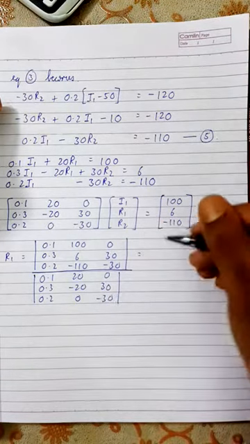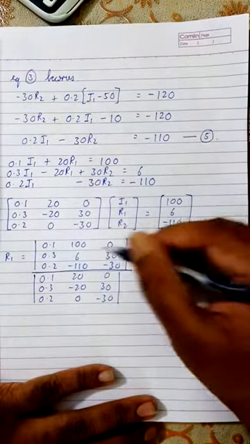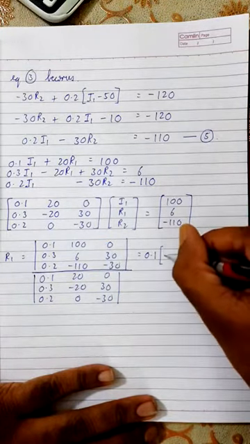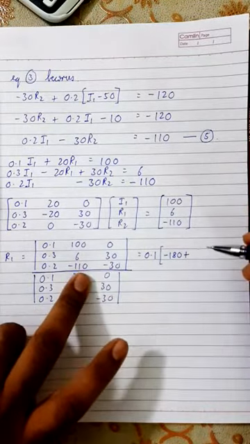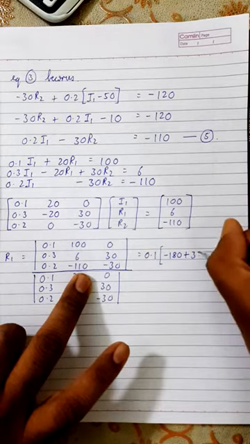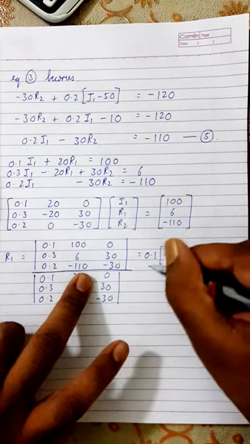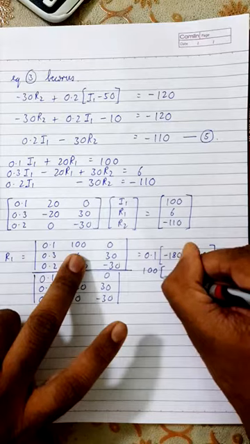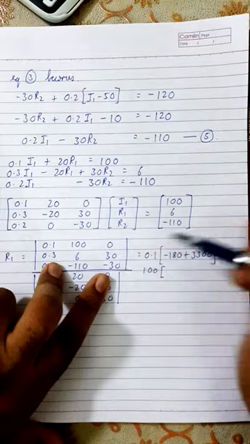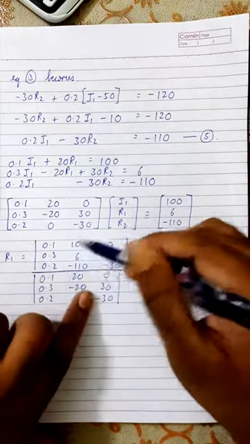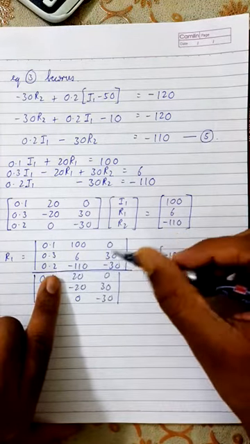Okay, and this is equal to, let me find the value. This is 0.1 into minus 180, plus 3300, minus 100 into, let me see, 0.3 into minus 30 is minus 9, and here it is 0.2 into 30, which is minus 6.